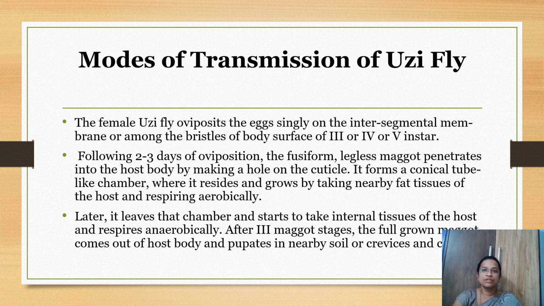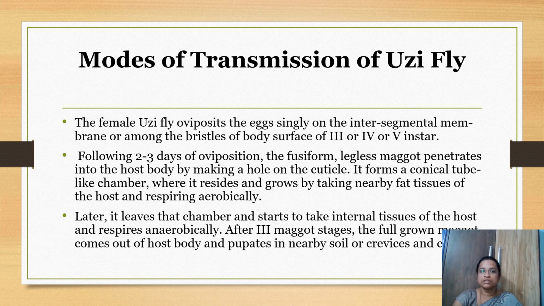The transmission of the uzi fly happens when the female uzi fly oviposits the eggs singly on the intersegmental membrane or among the bristles of the body surface of the 3rd, 4th or 5th instar larvae. Following 2 to 3 days of oviposition, the fusiform legless maggot penetrates into the host body by making a hole on the cuticle.